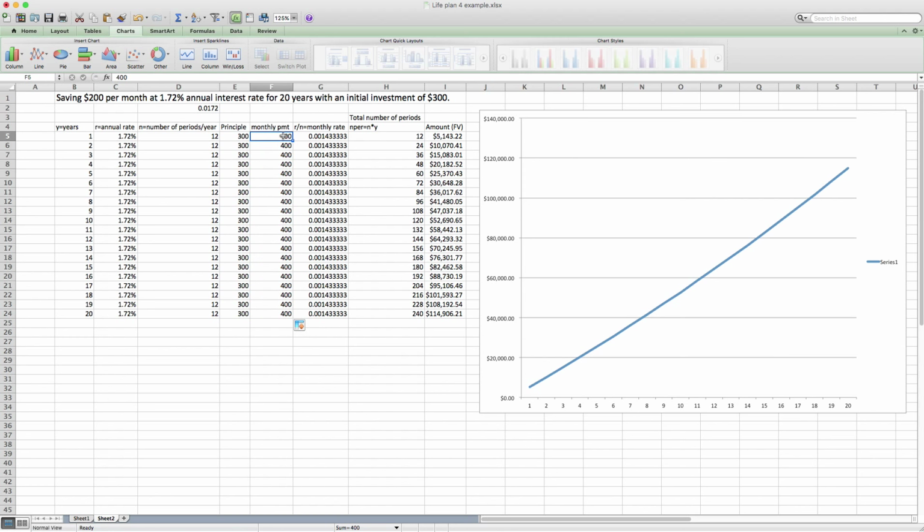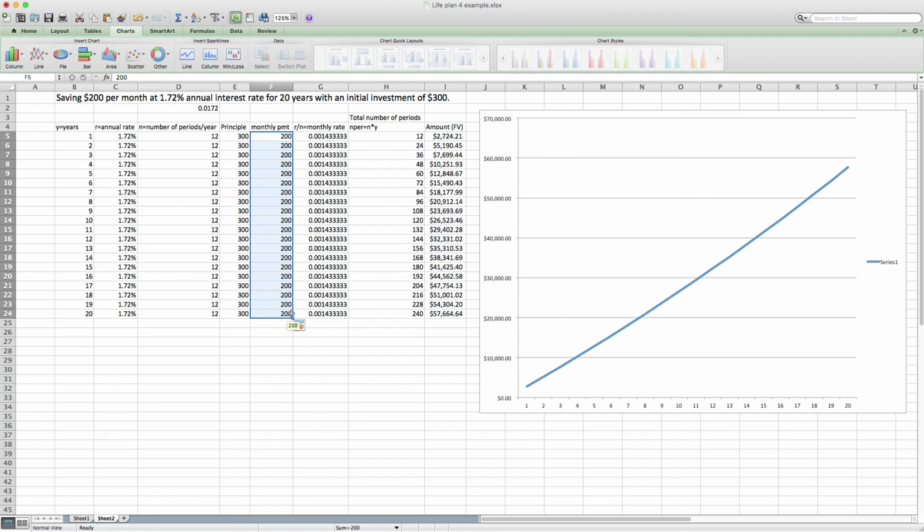Let's say, for example, let's go back to our $200 a month. But let's say we started out with $1,000 as our initial investment. What would happen there? Aha! We'd end up with $58,651.80.